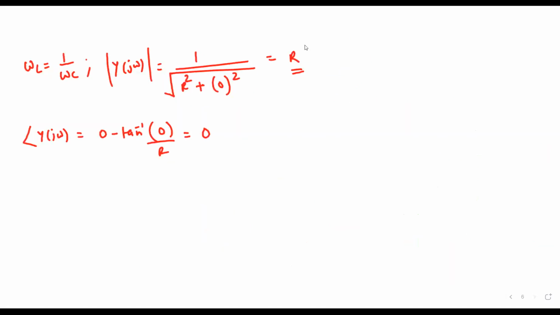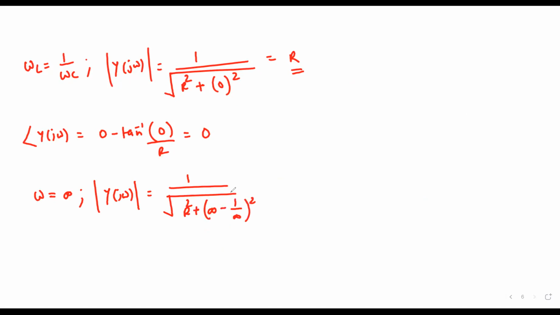What about the third case? When omega is infinity, the magnitude will take the value of 1 over the square root of R square plus infinity minus 1 over infinity whole square. This is how the expression looks after plugging in the values.